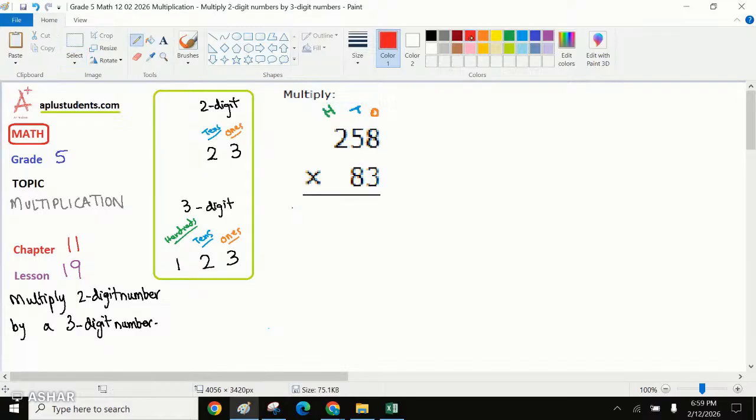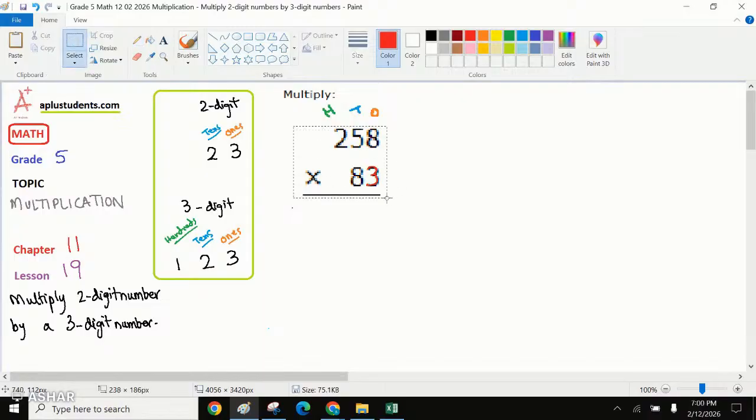So when we multiply a three-digit number with a two-digit number, there are two ways of doing it. I'll do it separately first, okay?